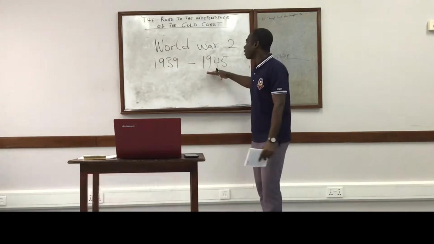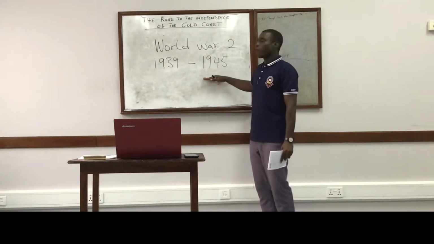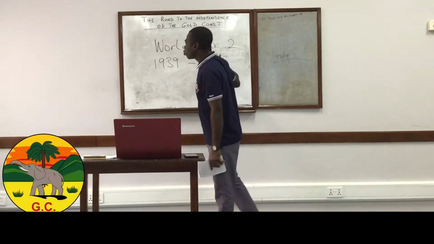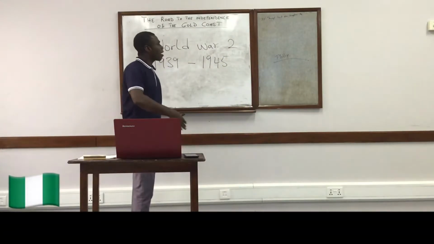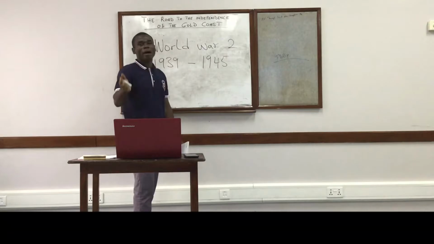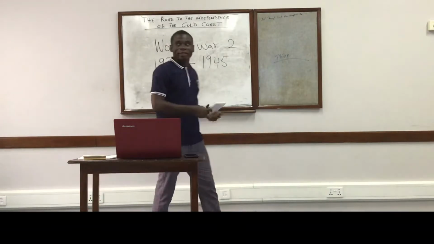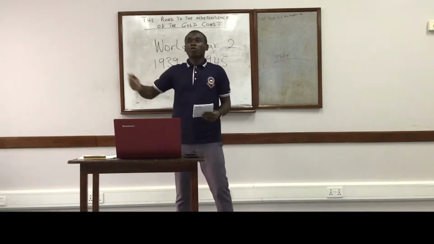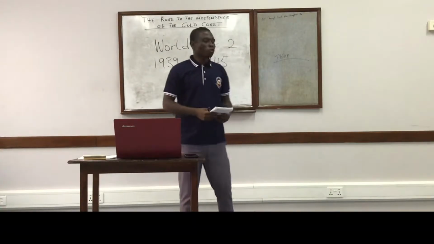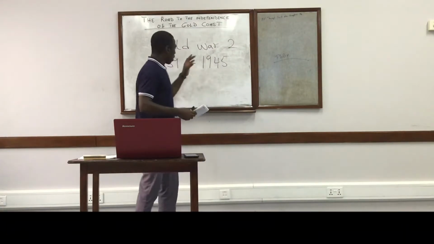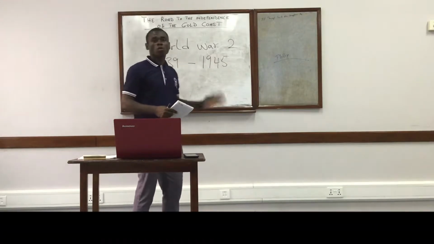When it comes to the British colonies in Africa, we have the Gold Coast, Nigeria, Sierra Leone and the Gambia, and all the other colonies across the world. In East Africa, they also recruited soldiers from there. But we are going to focus on the Gold Coast.